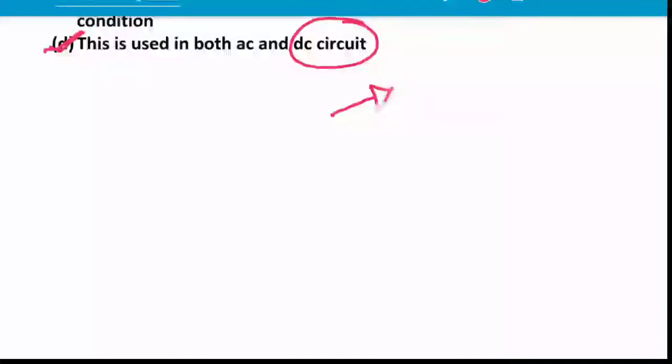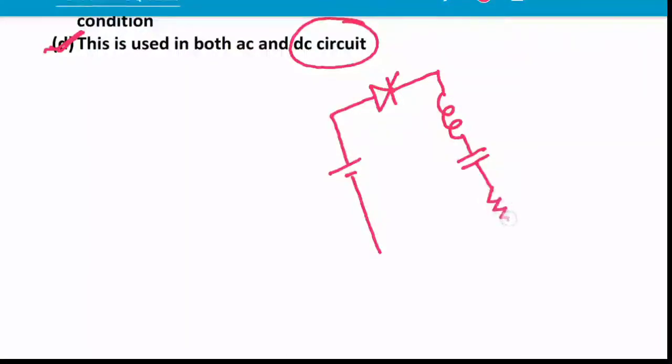Here is the thyristor. This one is the source, and this one is the inductor, capacitor, and the resistive load.